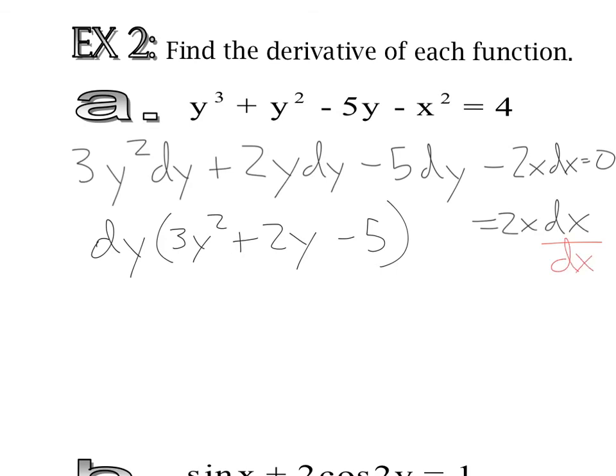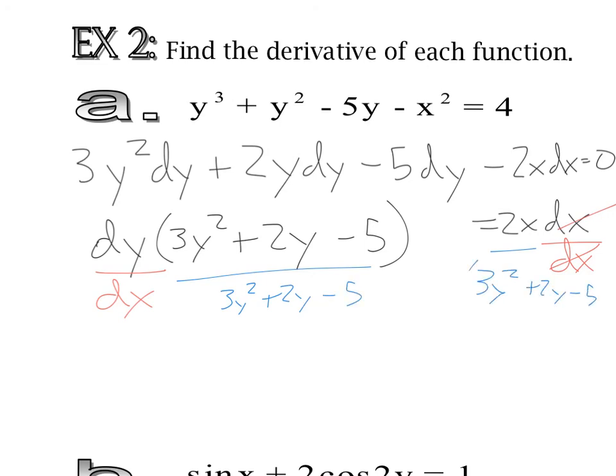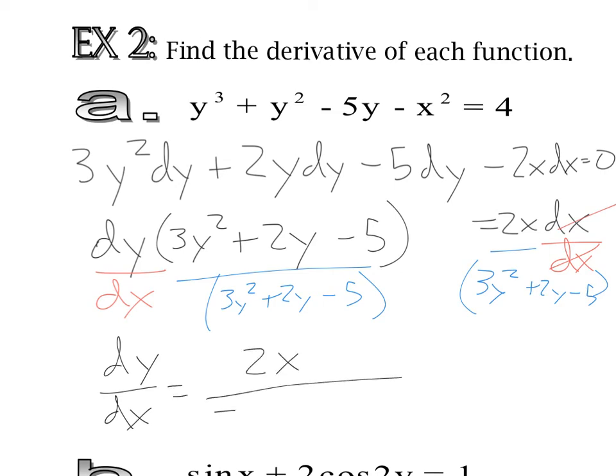Divide both sides by the dx. That gets rid of this. And then I'm going to need to divide both sides by this whole term so I can get this over on the other side. So that gives me dy over dx equals 2x over 3y squared plus 2y minus 5.